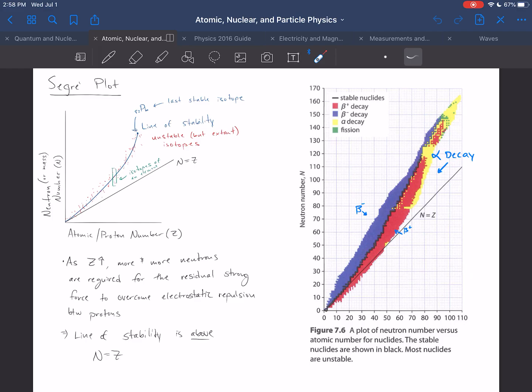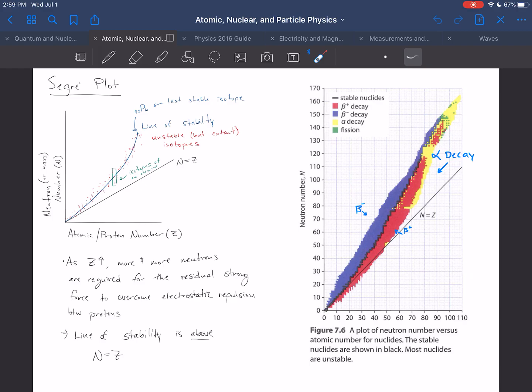This is very common for very small elements. Elements like carbon, which has 6 protons and 6 neutrons in its most stable state, would lie along this line. So would helium, with its 2 protons and 2 neutrons.